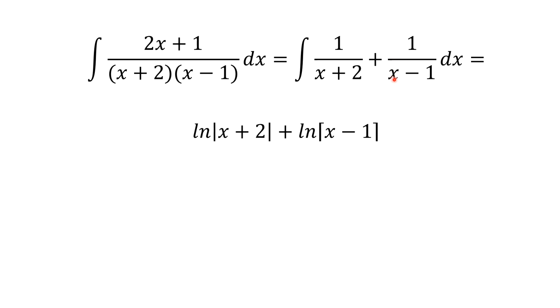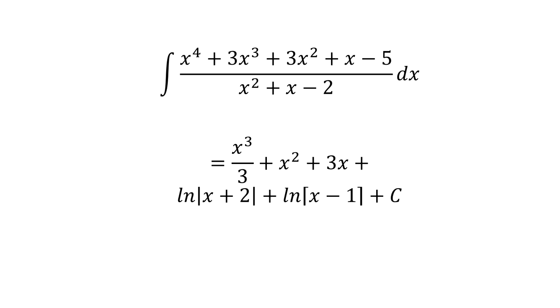Likewise, I can let u be x minus 1, or v if you want to have a different variable, and then dv would be dx. I get the natural log of the absolute value of x minus 1. So I'm going to take this part and the part I already found and get my answer.